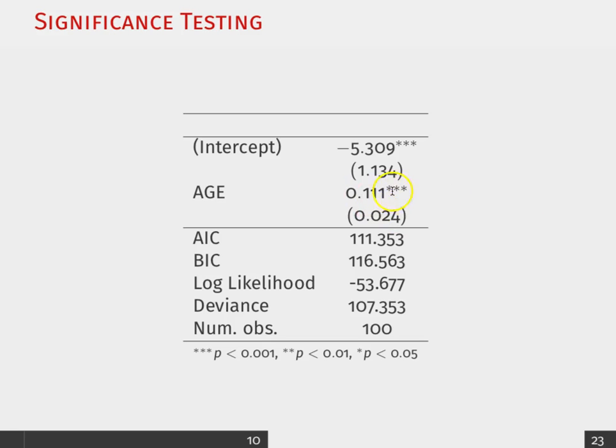This is really the one that we care about, right? So here we'd say that the effect of age on someone's propensity to have CHD is positive and reliable, in the sense that as someone ages, the relationship between increasing age and increasing CHD is statistically reliable.